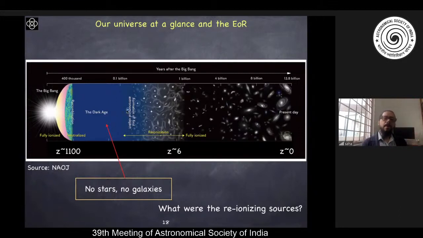That's when the reionization phase started, and we live in a fully ionized universe. In other words, most of the matter between the galaxies is ionized, and the question that interests us is: what were those sources?